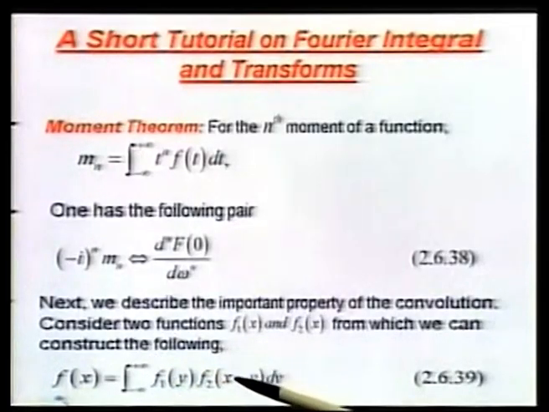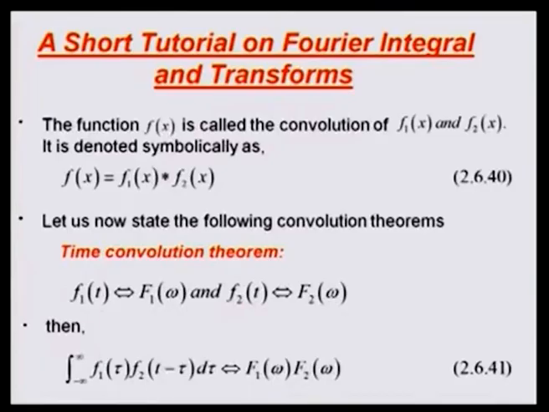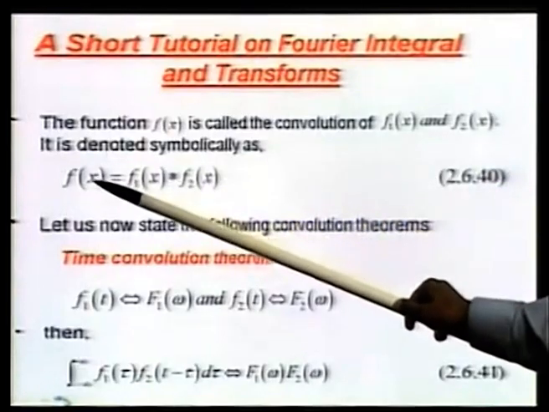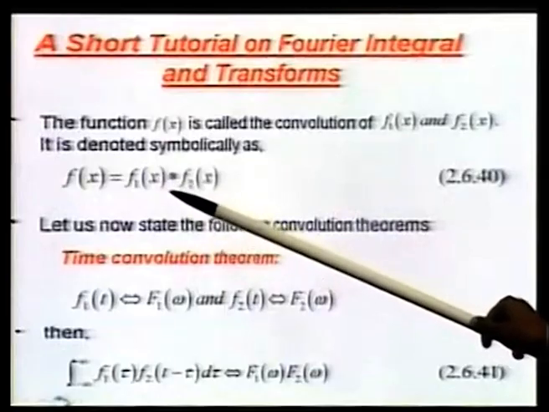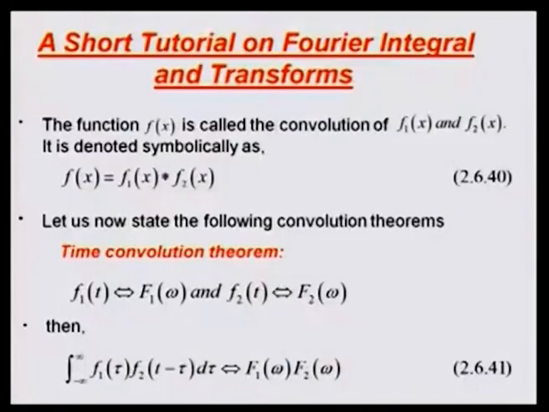Then the right hand side is essentially going to be a function of x alone. This f of x has a property with the transforms of f1 and f2, and we will see that it is given here in this slide. But first of all, we note that there is a symbolic notation for the convolution. F of x would be written as f1 of x star f2 of x. This was just notational convenience.